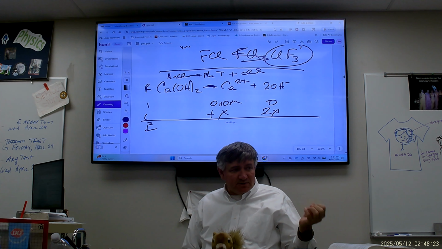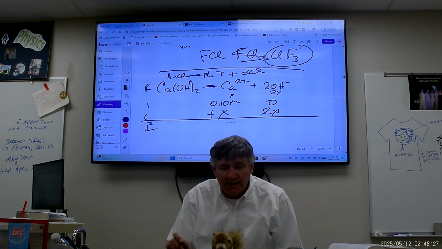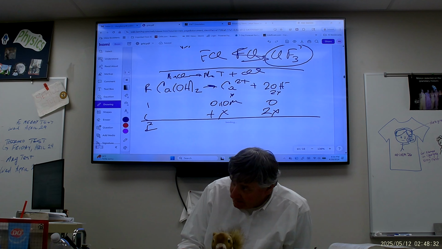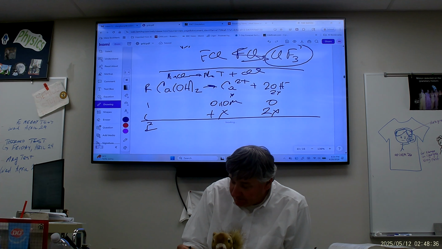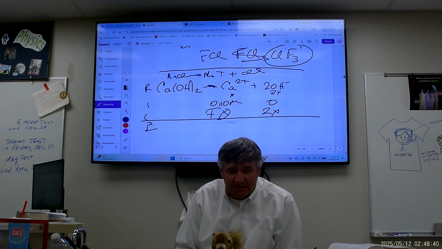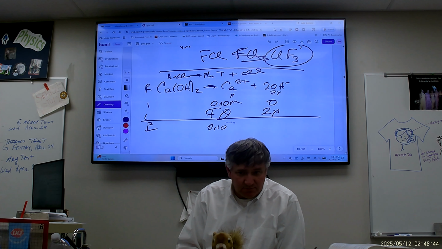If they hadn't given you the concentration of the calcium, you would have just gone X and 2X. But they said we're already going to overload this with a bunch of calcium. So, is the addition of X going to make any difference? No. That's just going to be 0.10.